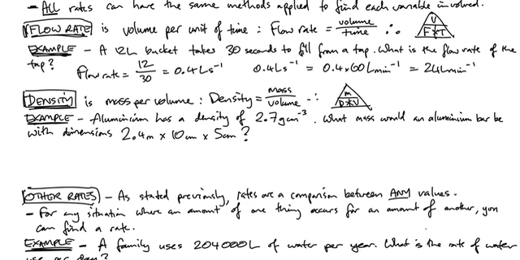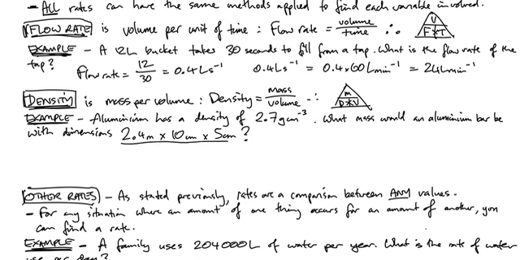So let's run this question. Aluminium has a density of 2.7 grams per cubic centimeter. So the space is cubic centimeters, and it's that many grams, 2.7 grams in each of those. What mass would an aluminium bar be with dimensions 2.4 meters by 10 centimeters by 5 centimeters? So first thing we need to do is, we've only got dimensions here.